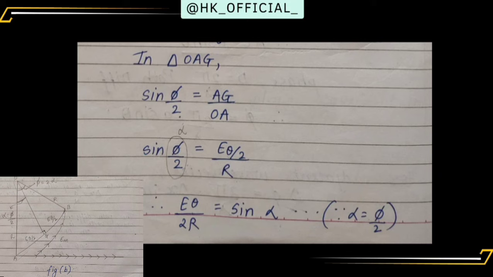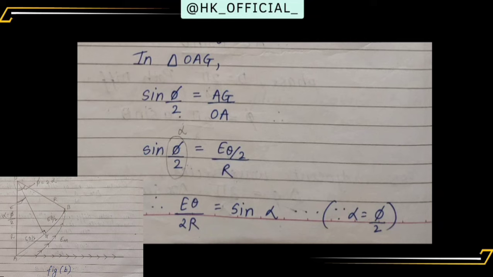In the diagram itself, I have written that alpha is equal to phi by 2, so in place of sine phi by 2 we will write sine alpha. All the things you have to take from the diagram only. You have to understand the diagram first, and then you will get the derivation very easily. So what is AG? AG is nothing but E theta by 2.